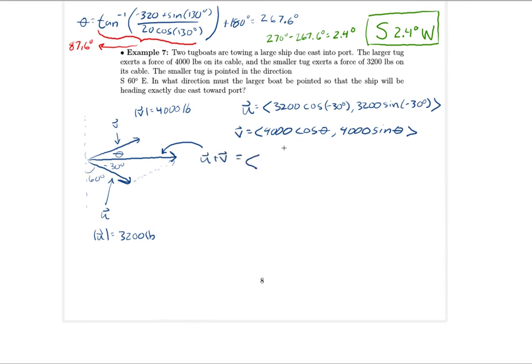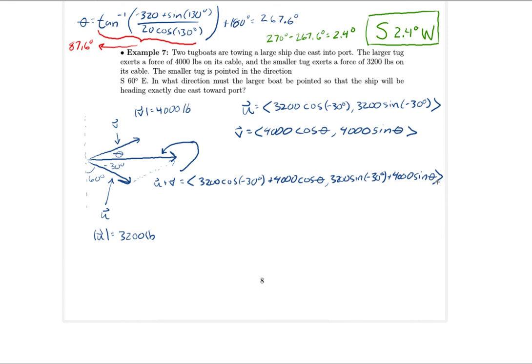Which is, of course, 3200 cosine of negative 30 degrees plus 4000 times the cosine of theta, and then 3200 sine negative 30 degrees plus 4000 times the sine of theta.